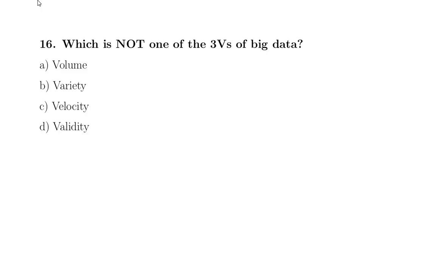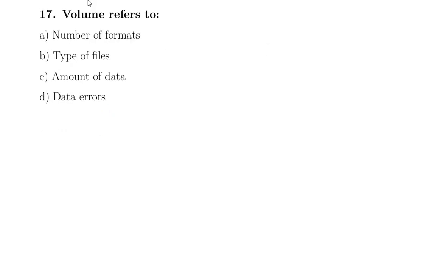Volume, variety, velocity, validity. Validity is not one of the 3Vs of big data. Volume refers to number of formats, type of files, amount of data, or data errors. The correct option is amount of data. Volume refers to the amount of data.